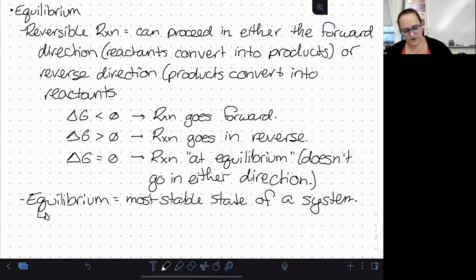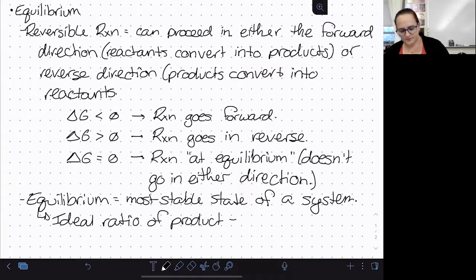And we typically think of it as being the ideal ratio of product to reactant concentrations.